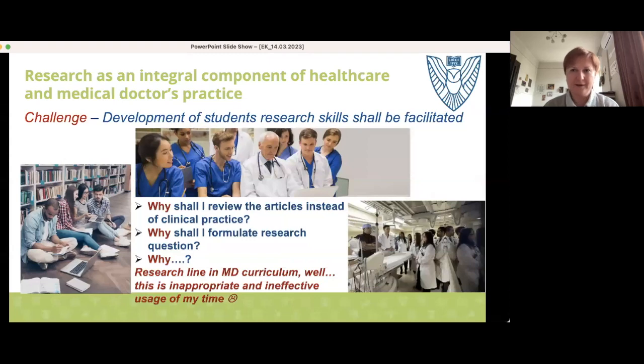Also, whenever such students are entering the doors of the medical university, in the first and even second semesters, instead of the clinical rotations, instead of joining the excellent and professional teams of surgeons or any other specialists, they shall prepare the essay or the paper review or formulate the hypothesis and so on.